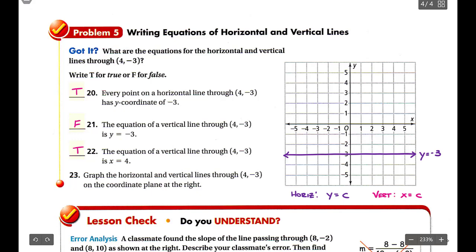And then our vertical line is going to be x equals the x coordinate of positive 4. So anytime you see y equals a constant, it's horizontal. Anytime you see x equals a constant, it is vertical.